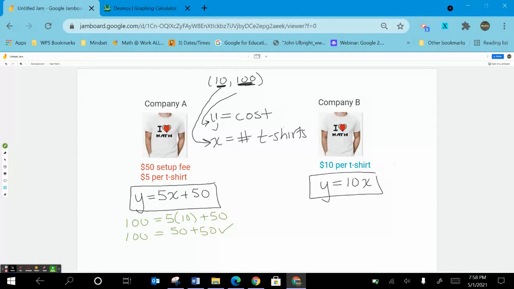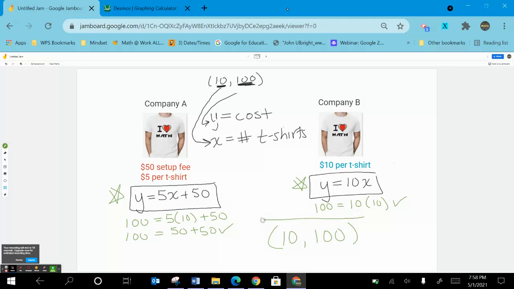So we know that that point works for that equation. If I substitute over here, 100 for y and 10 for x, 10 times 10 is 100. That also checks out. So we have found the solution to the system of equations. This is my system, the two equations here, and the solution is (10, 100) because it is the point that falls on both lines and it makes both equations true.